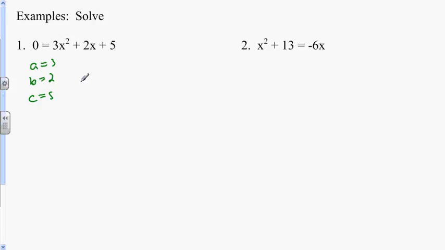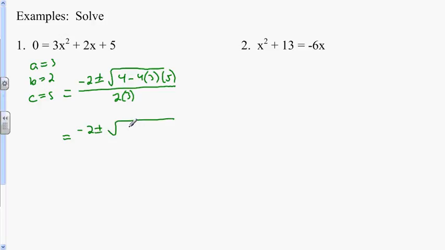So negative b plus or minus the square root of b squared, which is 4, minus 4 times a times c, divided by 2 times a. So negative 2 plus or minus square root of 4 minus 4 times 3 is 12, 12 times 5 is 60, all over 6.